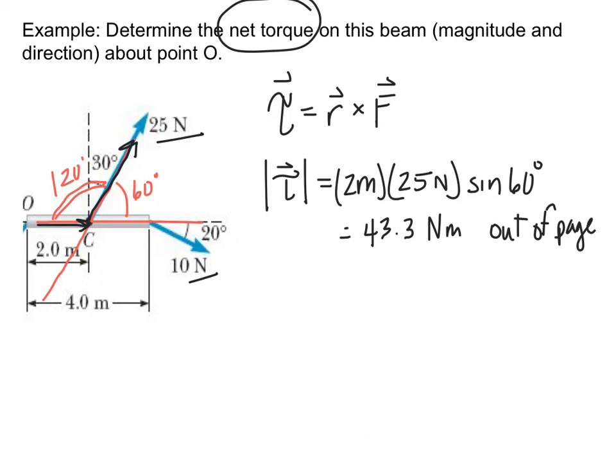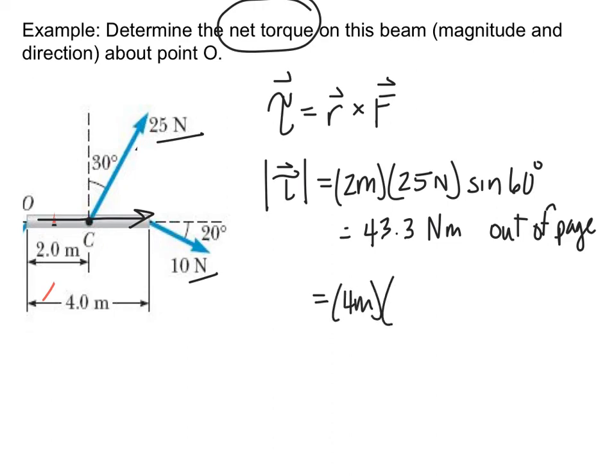All right, so then we have this other force, the 10 Newton force. Let me get rid of my scribbles here. So my other force of 10 newtons, I'm going to use my r value here from O to here. That 4 meters is r, or the magnitude of r. The magnitude of the force is 10 newtons.